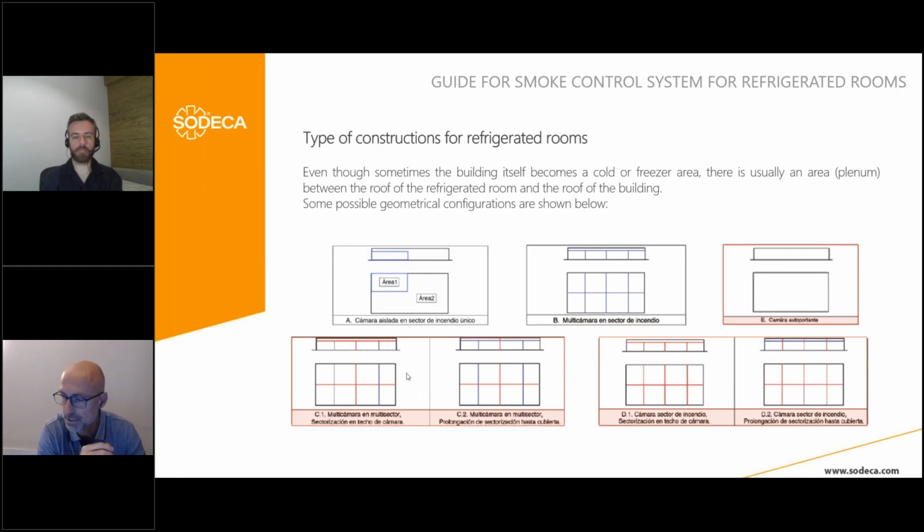For instance, in this case we have red lines, and we see here that the roof of the refrigerated room has this fire compartmentalization quality, and in this case this wall also gives us fire compartmentalization. And we can have also different configurations where all the cameras are a fire compartment and all the walls and roofs give this fire compartmentalization degree.